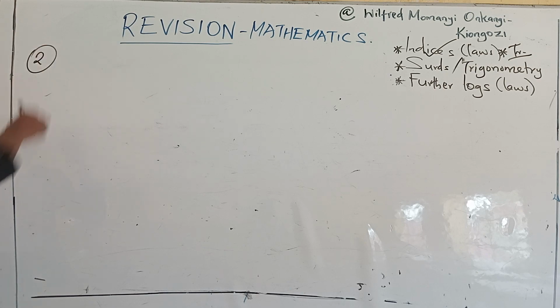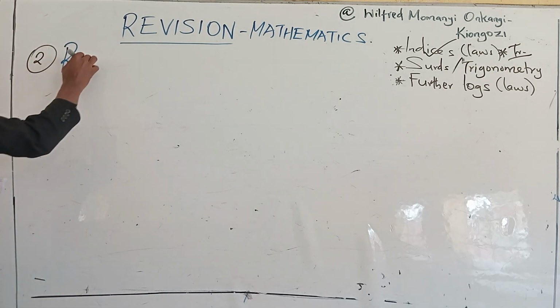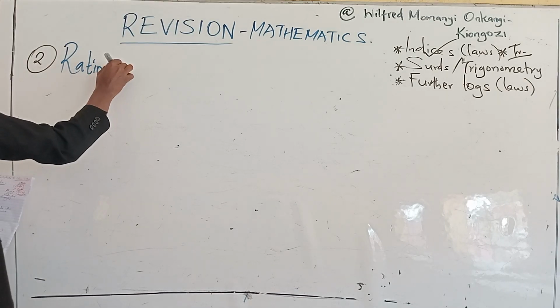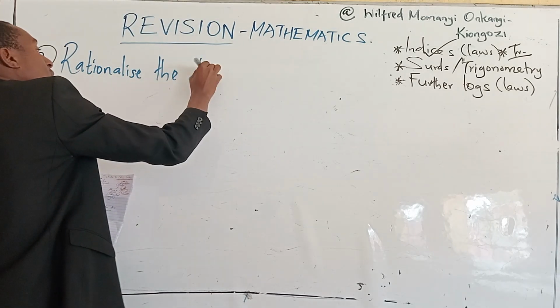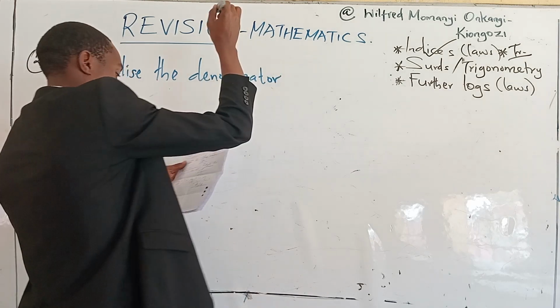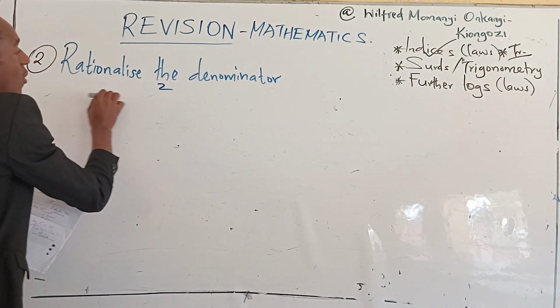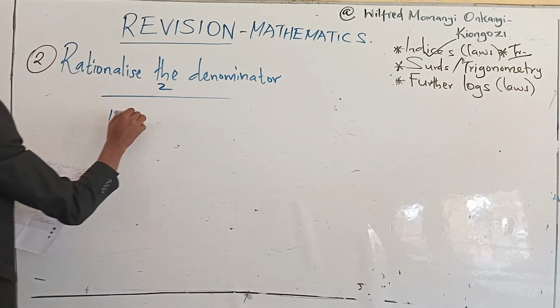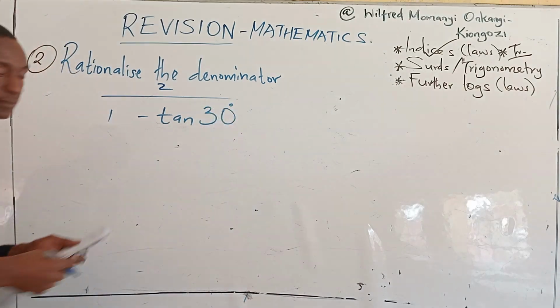Question 2. Rationalize the denominator. It is 2 over 1 minus tan 30 degrees.